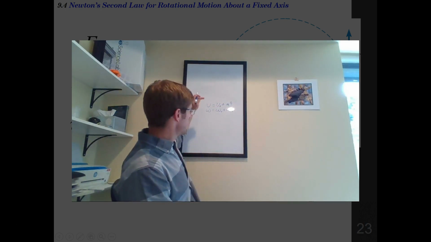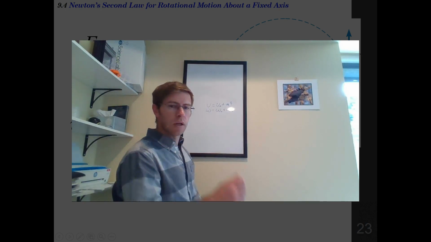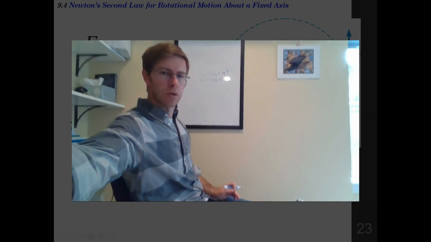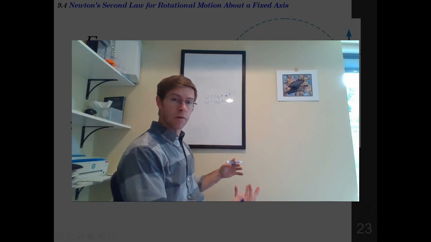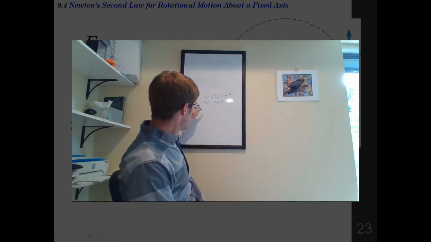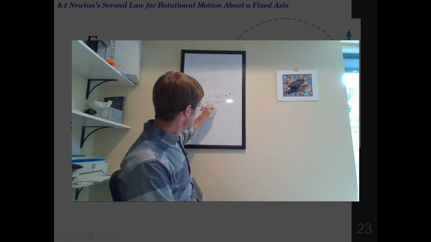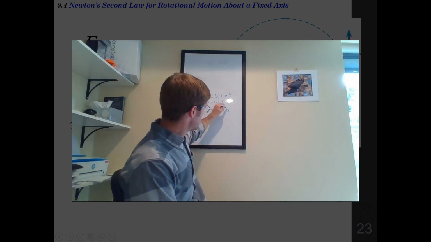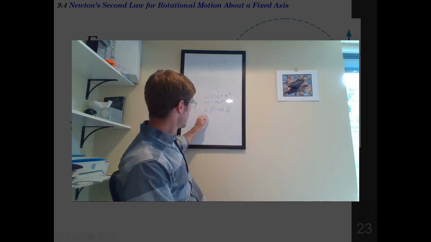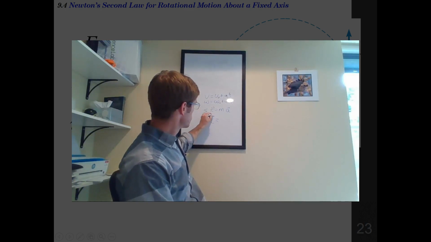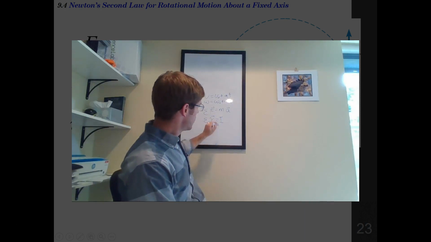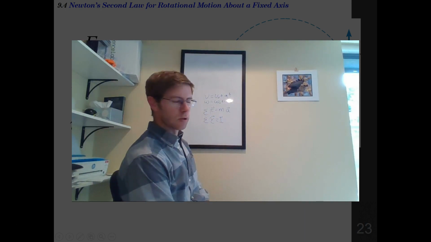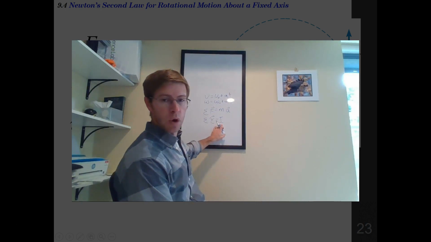You're going to see this pattern of having the same equations in linear motion and rotational motion, where the variables just change from rotational to linear, but they look very similar. So for example, now what we're about to discover is we had net force equals mass times linear acceleration, and now we're going to have net torque equals, instead of mass, this new term known as the moment of inertia.